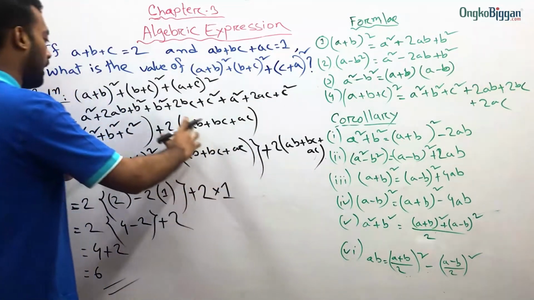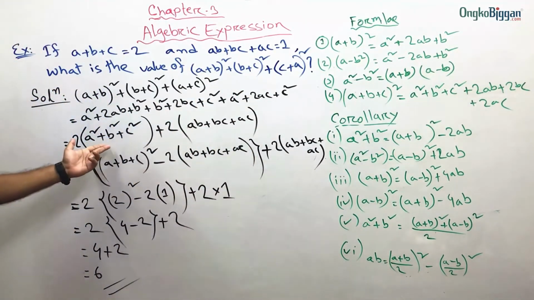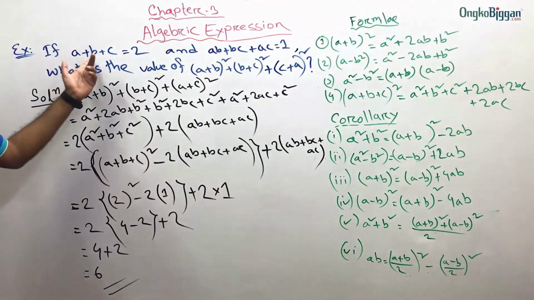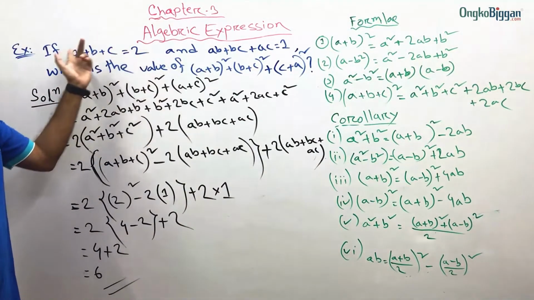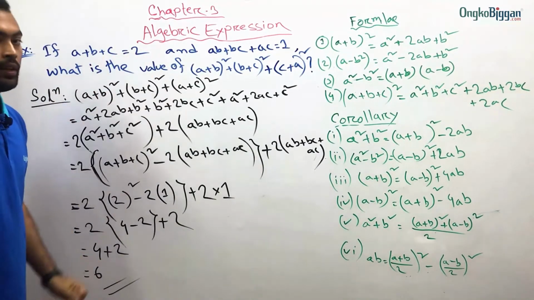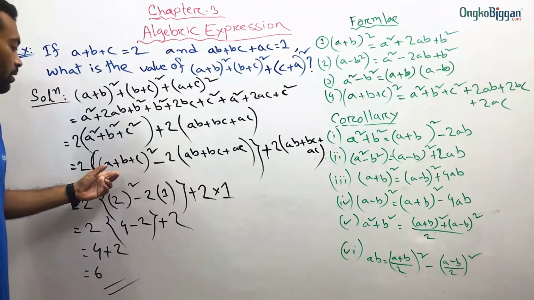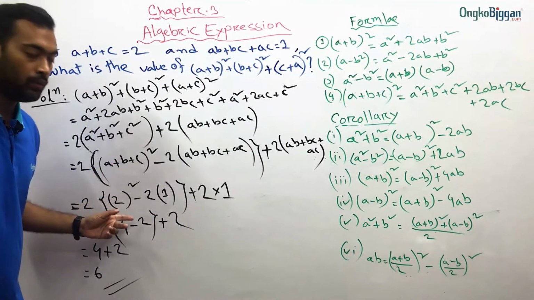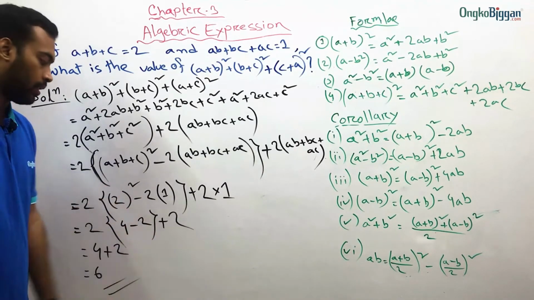So we organize it as we have done here. If we organize it, we can see that it falls under an expression whose value is already given. When we convert it into this sort of expression, we can easily put in the values and get the result.